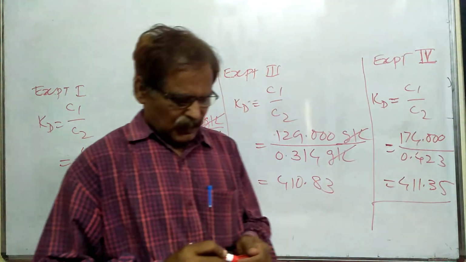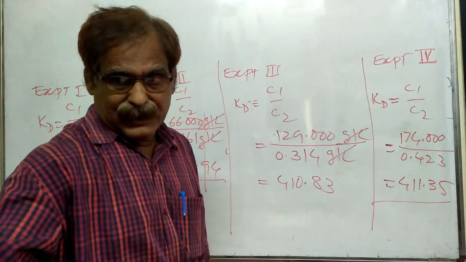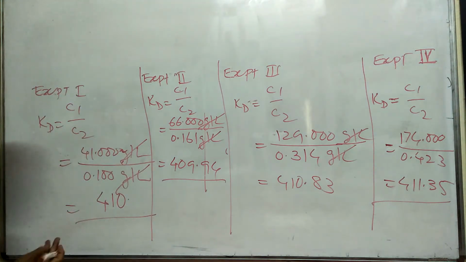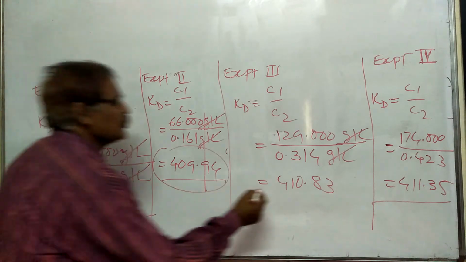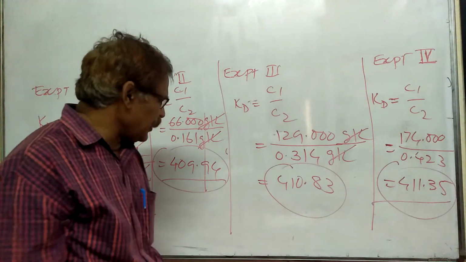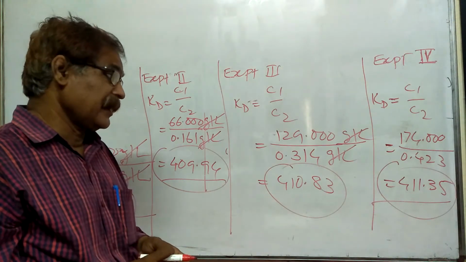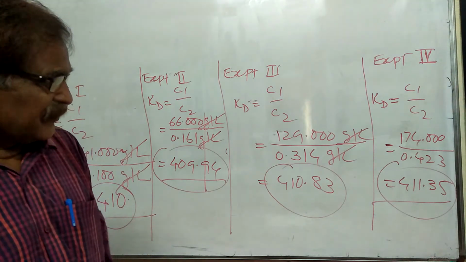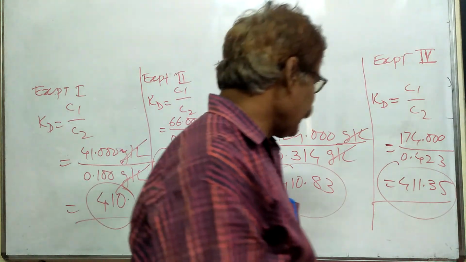Now let us compare the numerical values of partition coefficient Kd in each case with each other. The partition coefficient of iodine between carbon disulfide and water in the first experiment is 410. In the second experiment it is 409.94. In experiment number 3 it is 410.83, and in the last case it is 411.35.